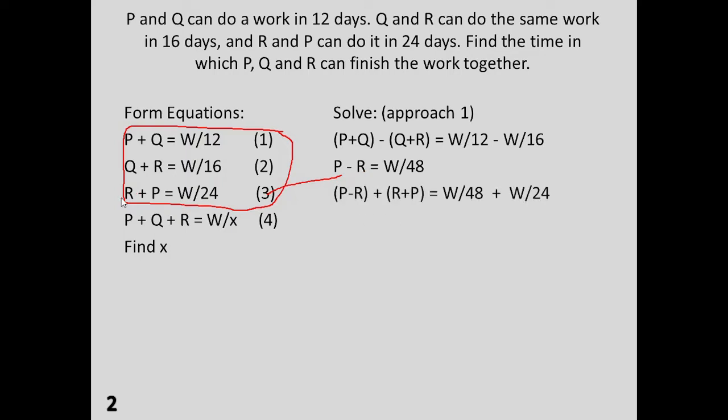So we find the value of P. Now if we substitute this value of P in this equation, we will find the value of R. And if you substitute the value of P in this equation, we find the value of Q. If you substitute value of P, Q and R in equation number 4, you will find the value of X.